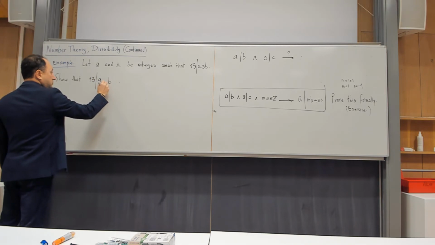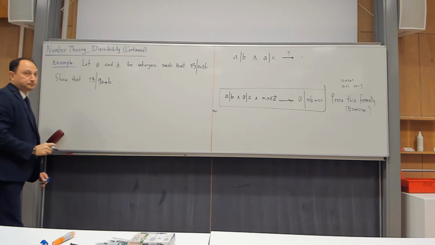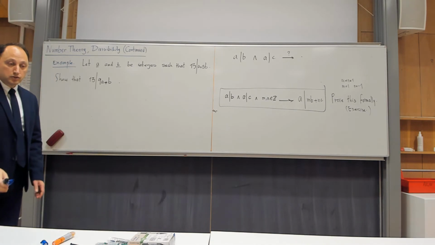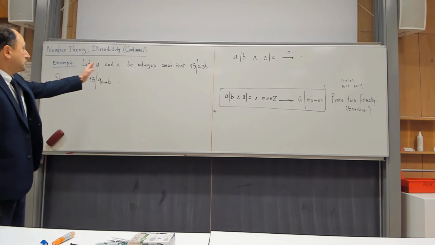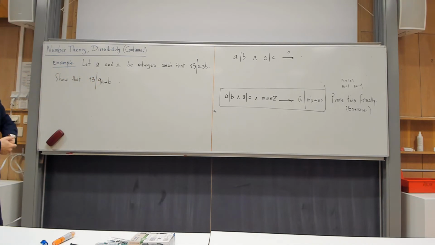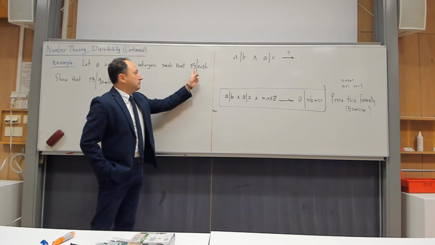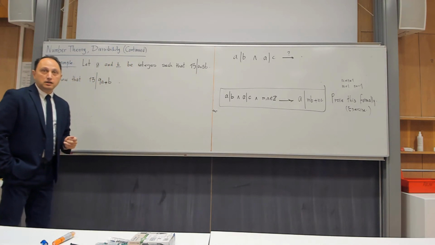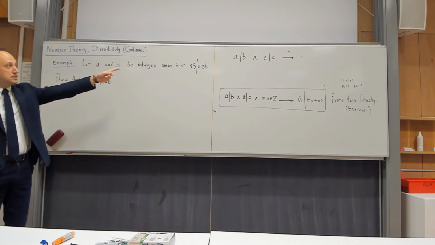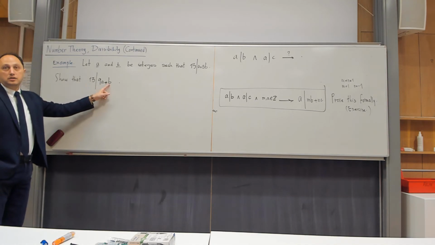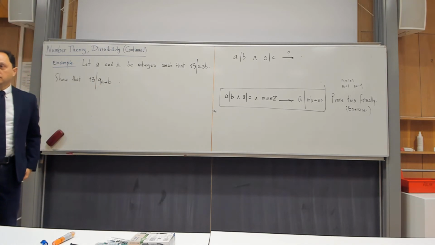So these questions are a little bit harder. I don't know anything about the numbers A and B, except I know that this combination is divisible by 13. I want to guarantee that if that is the case, this combination is also divisible by 13. Yes?